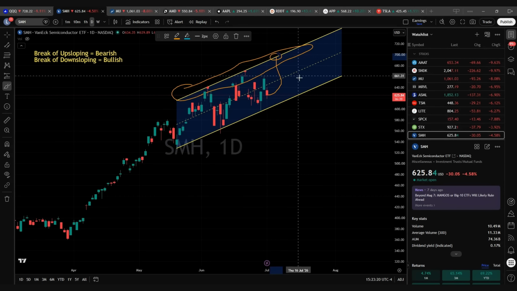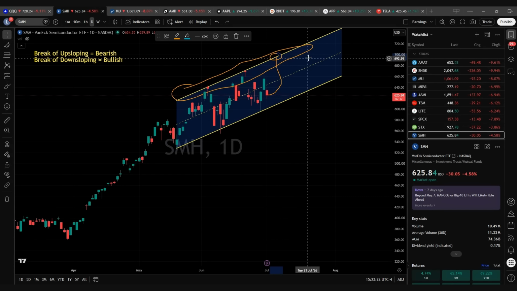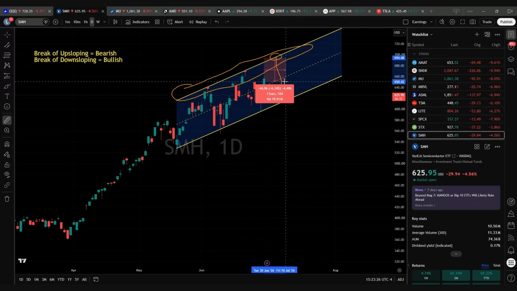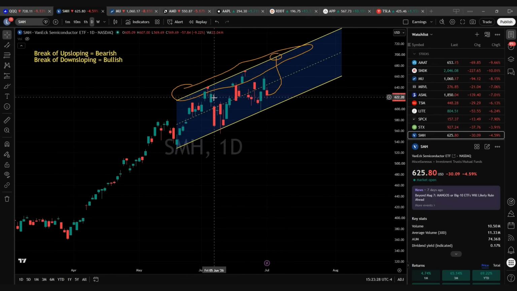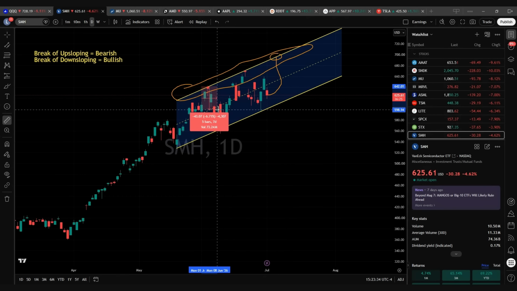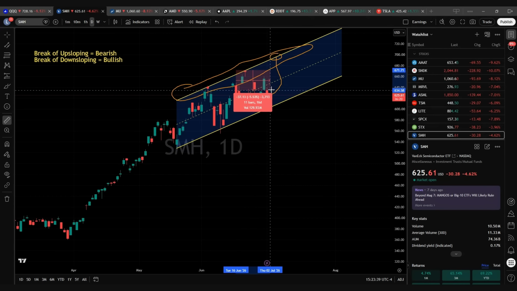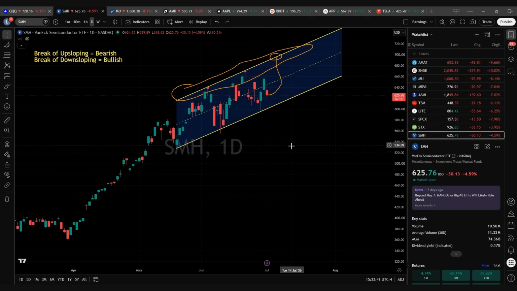You can look for a short around there and look for a move potentially to the midline of the parallel. You can see that each time so far that we've pushed up into the top of this parallel channel, we've come down and retraced at least to the midline of this parallel channel.